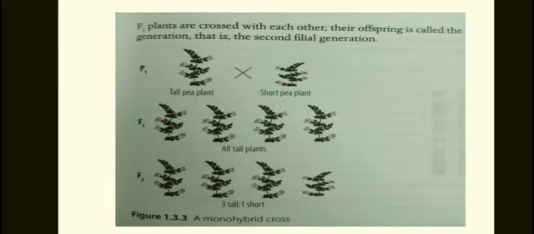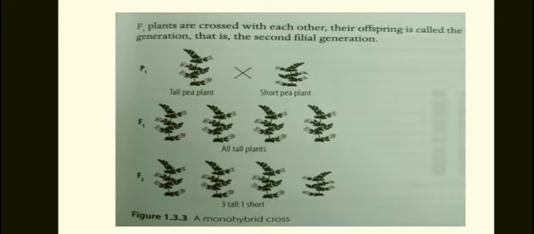So here we've got 2 plants that are true breeding. One is true breeding for tallness, and another one is true breeding for the characteristic of being short. One is tall, another one is short. So when they cross, we've got P1 meaning first parental generation, which means parents simply.